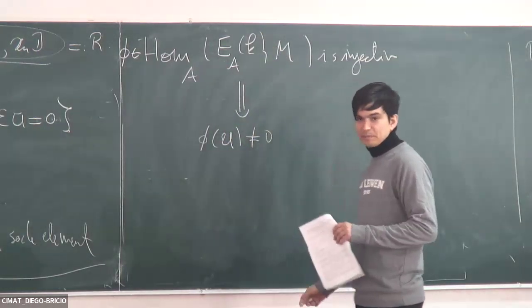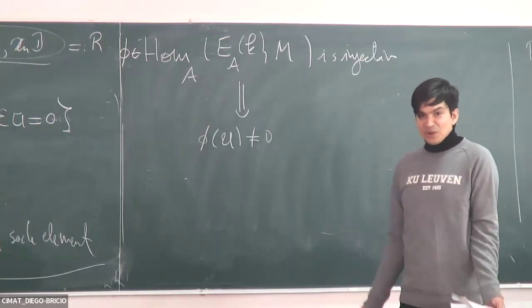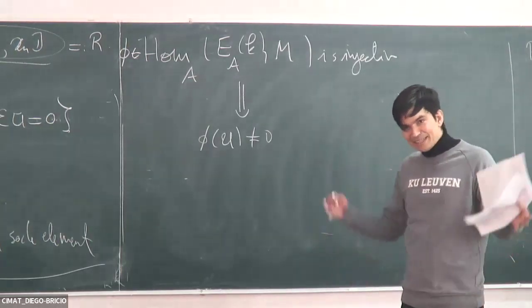That has to happen, right? Because it is injective, it cannot vanish on a non-zero element, and the socle element is non-zero. It's K inside E.